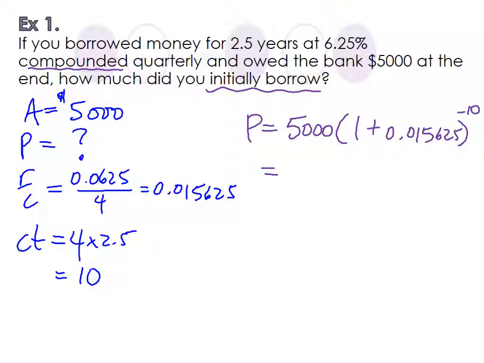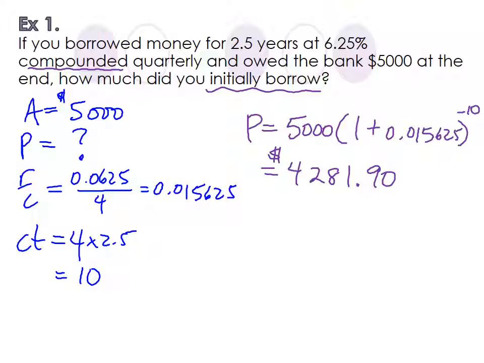And you can type that into your calculator all in one step. Let's have a look and see what we get. So I get 4,281, and if we round, 90 cents.